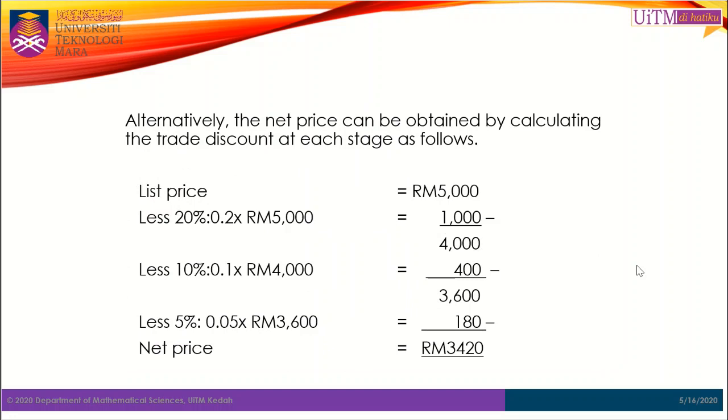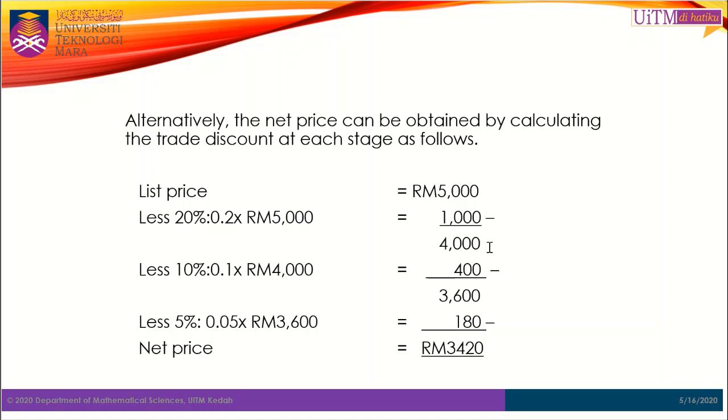Alternatively, you can also calculate this by calculating the discount at each stage. As illustrated here, you start with the list price of 5,000. The 5,000 will be granted a 20% trade discount, which amounts to 1,000. So the new net price is 4,000.